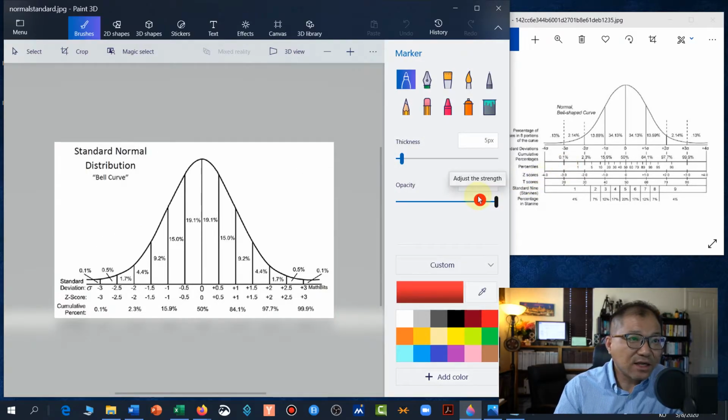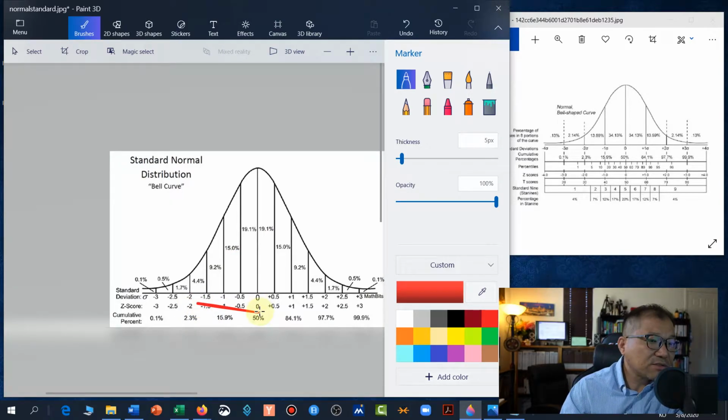Okay, let's take a look at the normal distribution. So if your score is same as a mean, your z-score is 0. That means your score is not away from the mean. You are not deviating from the mean, right?